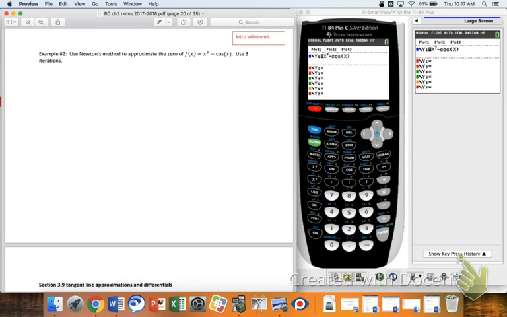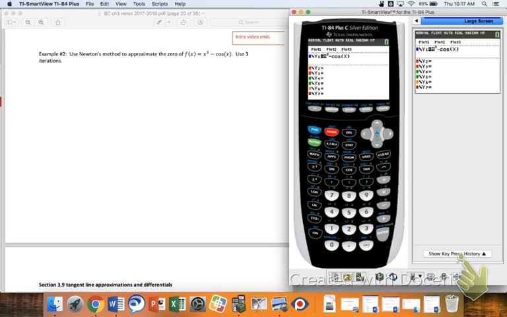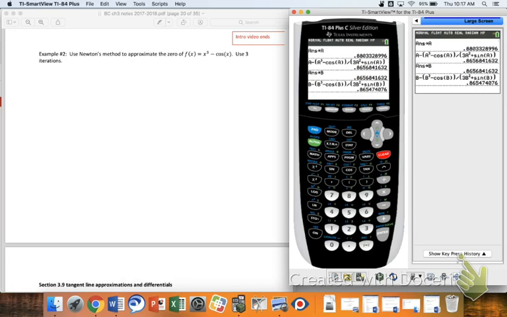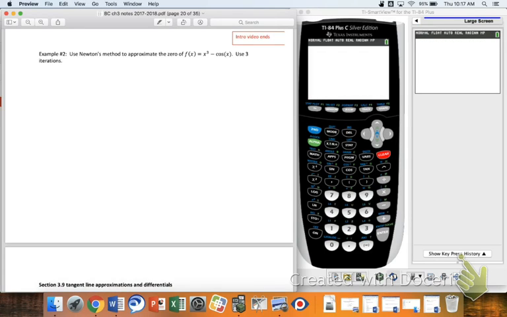Okay, so here we go. So f of 0 equals -1, which is less than 0.